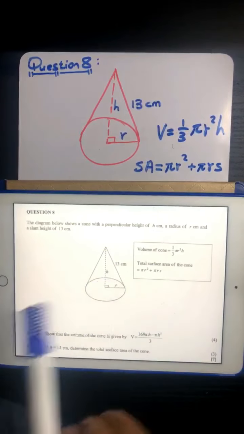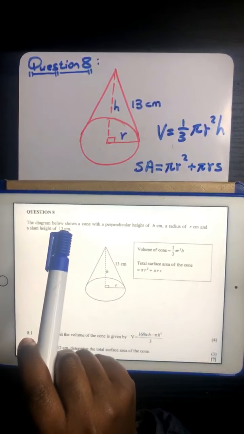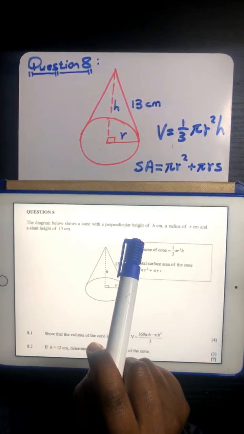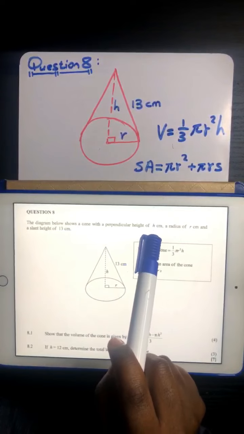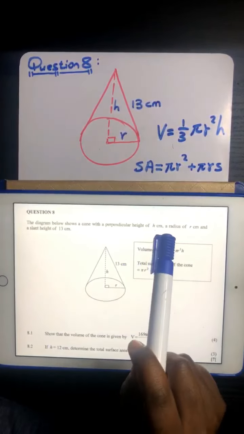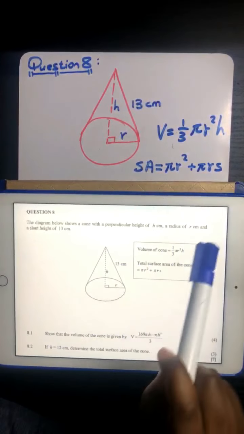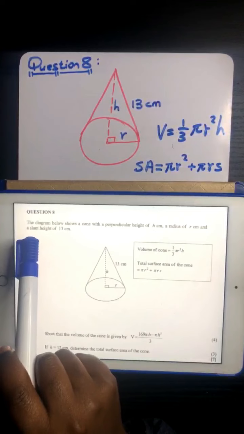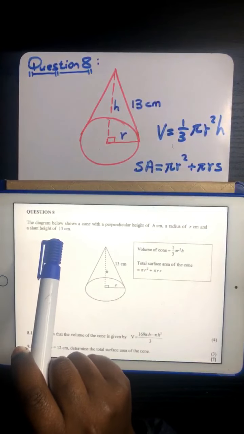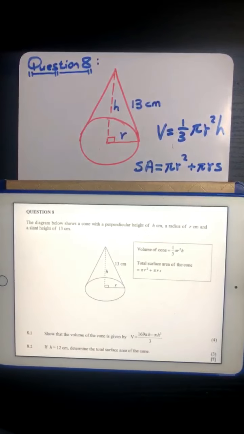So it shows a cone with a perpendicular height of 8 centimeters, a radius of r centimeters, and a slant height of 13 centimeters. So a slant height is actually that one.